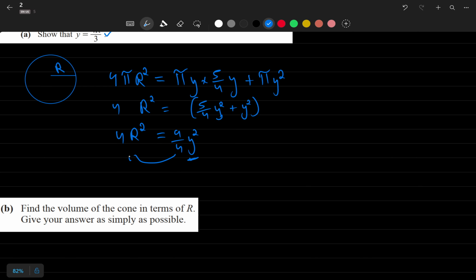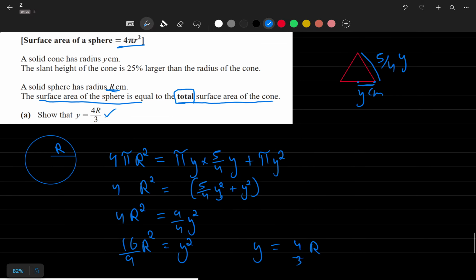So when you move it to the other side, it will be divided. 4 divided by 9 by 4 gives you 16 by 9 r square is equal to y square. Square root both sides and you will get square root of 16 is equal to 4, 9 is equal to 3, and square root of r square is equal to r. So y is equal to 4 by 3 r.